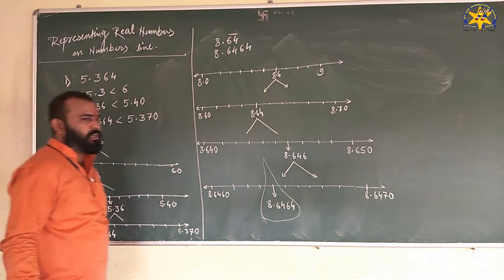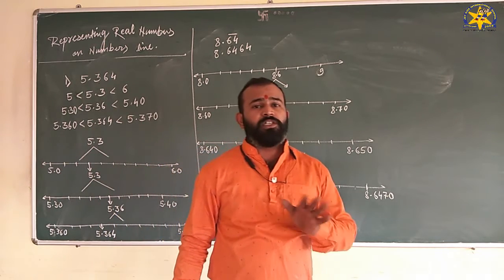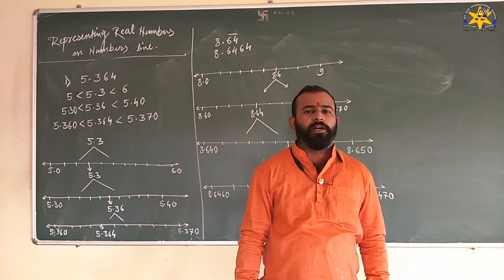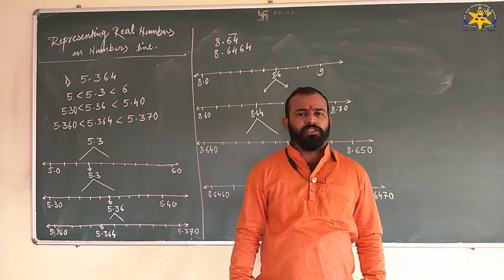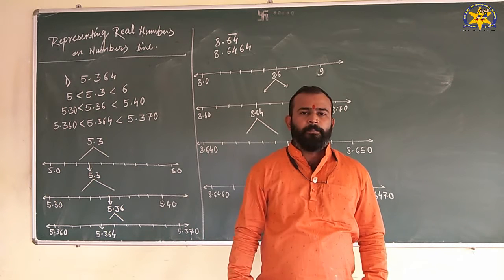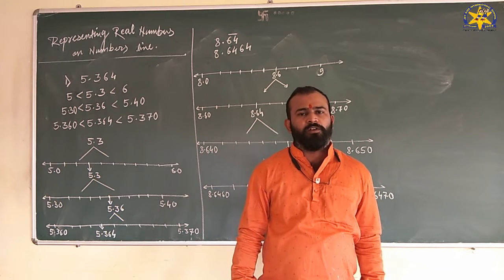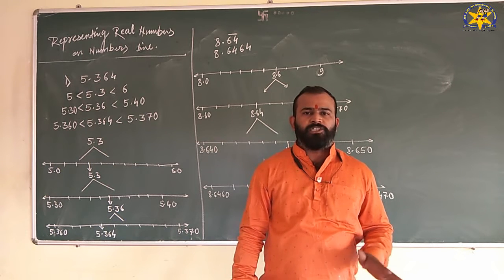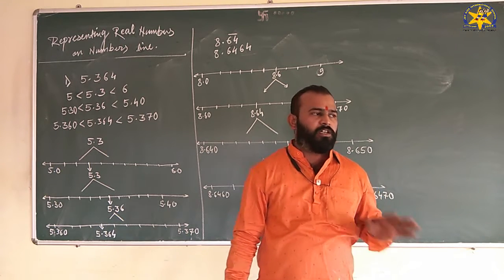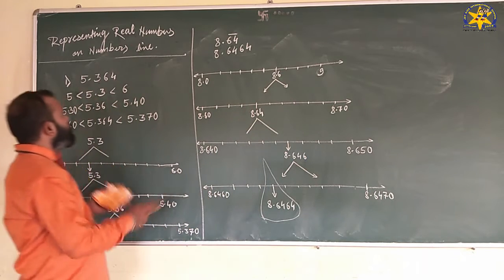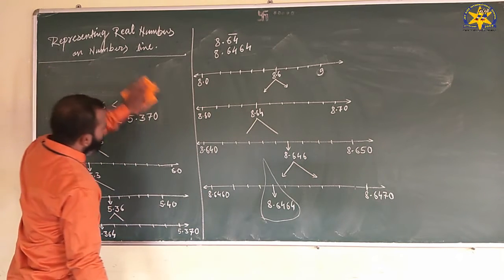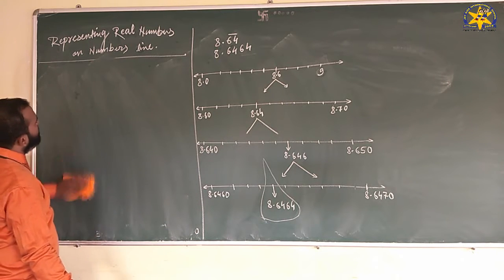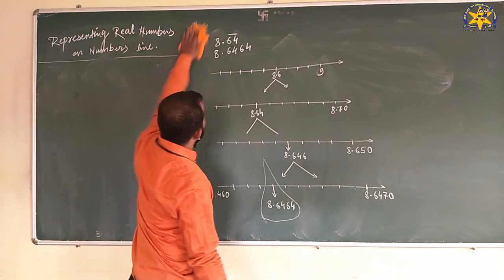Now how to represent the square root of a decimal number on a number line? It's also very easy. Please be ready with the compass and all the instruments of mathematics: compass, pencil, pen, scale, protractor, everything should be with you. Now let's see how to represent the square root of decimal numbers on a number line.